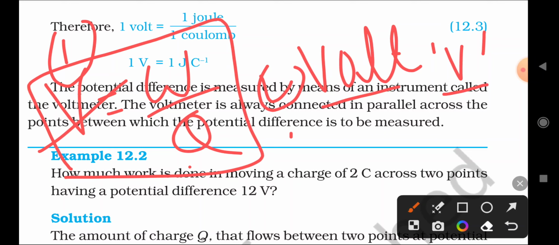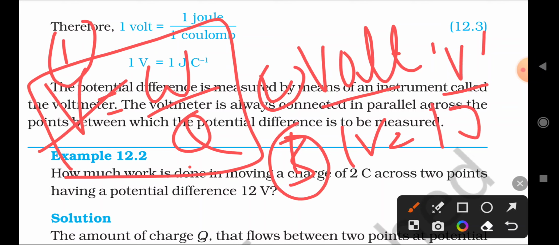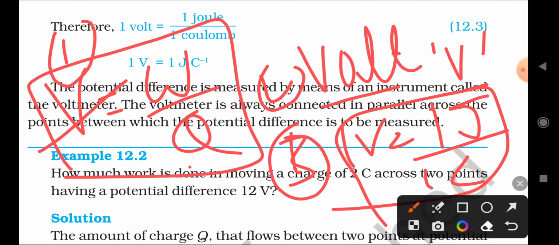What is 1 volt? This is the third question. 1 volt is equal to the potential difference between 2 points in a current carrying conductor when 1 joule of energy is required to move 1 coulomb of charge. This is the 1 volt definition. And which instrument measures the potential difference? That is the voltmeter.